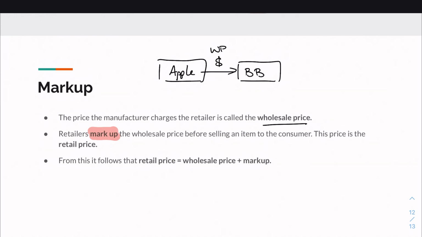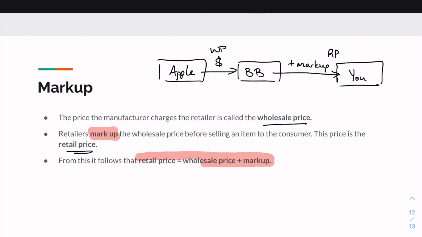Well, retailers are going to add a markup before selling the item to the consumer because they want to make money too. Well, this new price is called the retail price. Right? So the price you're paying is the retail price. So from this, very simply, it follows that the retail price is equal to the wholesale price plus the markup. And that's all it is.